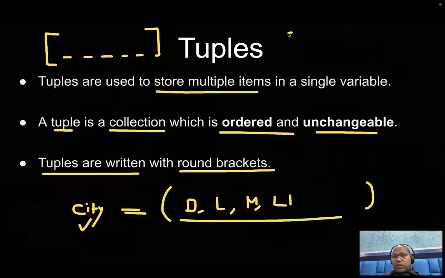But the tuple syntax is this way. It is almost the same syntax as the list, but tuples are ordered and are an immutable data structure, and lists are a mutable data structure.